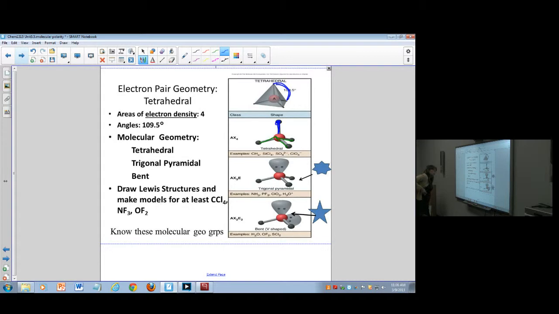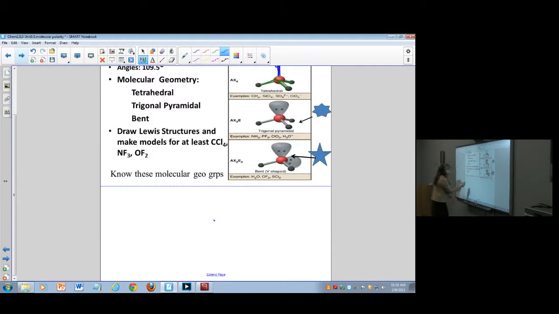That's the tetrahedral electron and molecular geometry. I actually want to make a point here. We could do CH4 with this one, and you could draw CH4 and you'd see it looks like this, and you discover that that's a non-polar molecule.